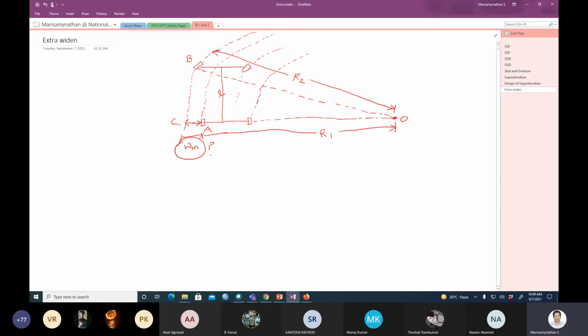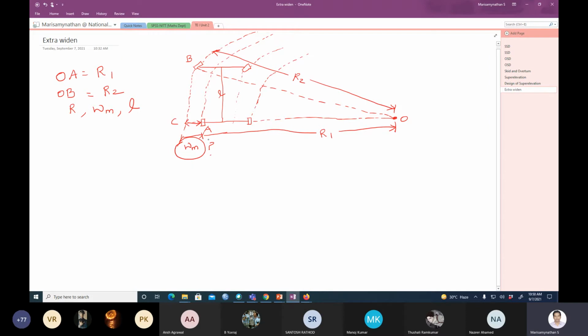Okay. So let me say OA is nothing but R1. That is the radius the outer rear wheel travels. OB is nothing but R2. R is the radius, which we typically know. Wm is the mechanical widening. L is the length of the wheelbase.